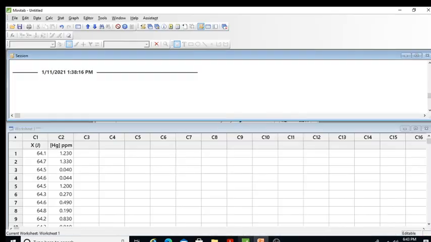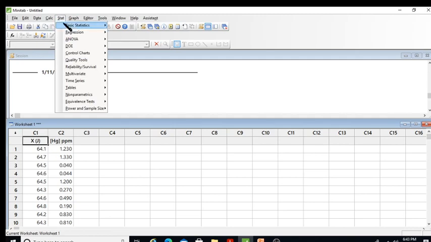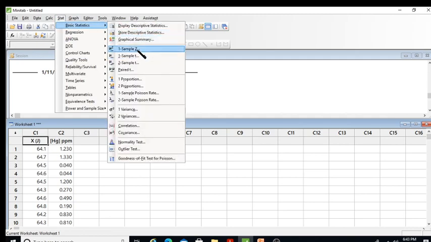So how can we do it in Minitab? Let's say the data given here, the impact energy in joules, is in the first column, and we need to calculate the confidence interval for that. So I go to the Stats tab, Basic Statistics, and One Sample Z test.